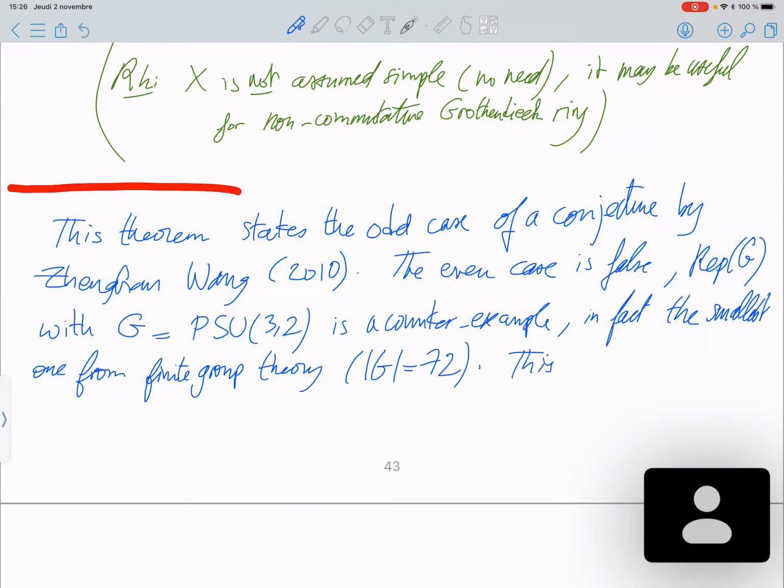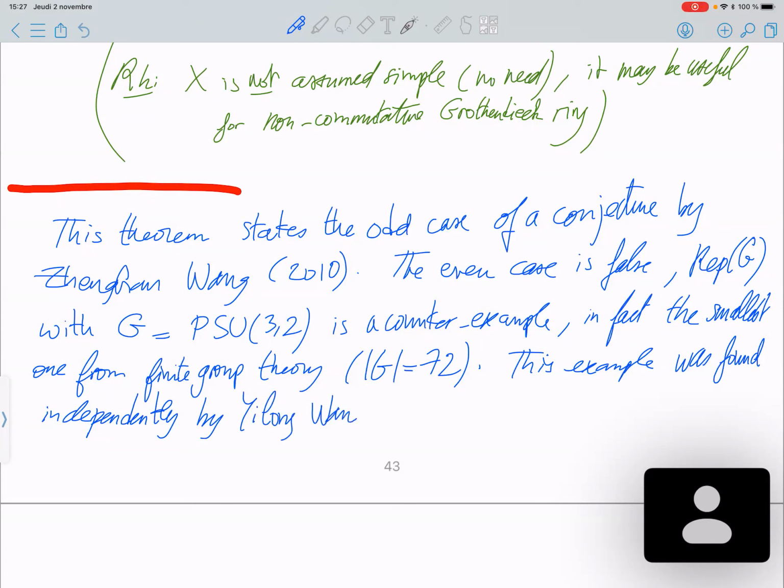And let me mention that this example was found independently by Yilong Wang in some unpublished note.